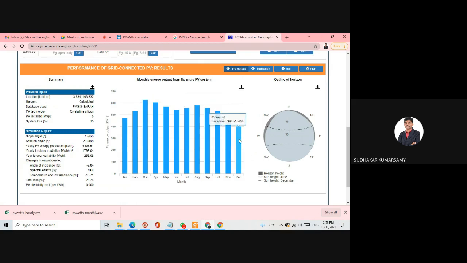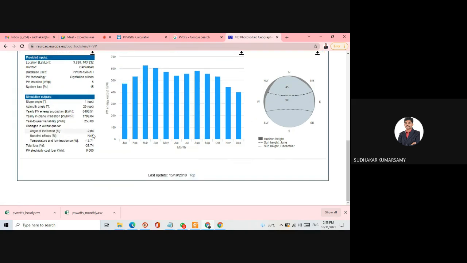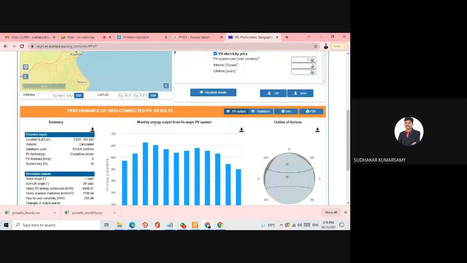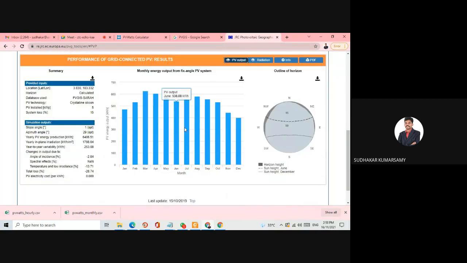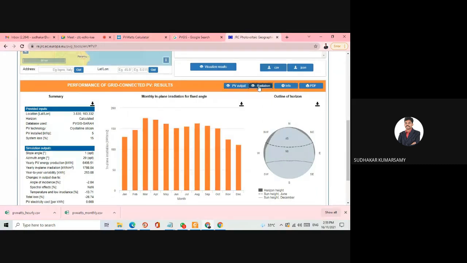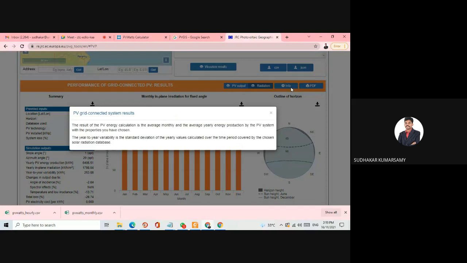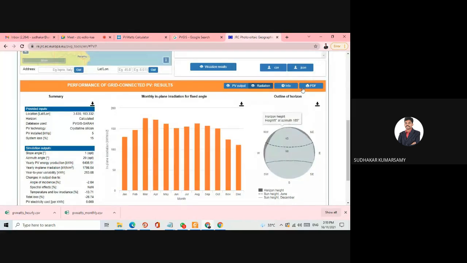So you get the energy, and then the annual average. So you can see here the PV output. This is a PV output. Onto radiation. This is monthly radiation. Okay. You want to download this?